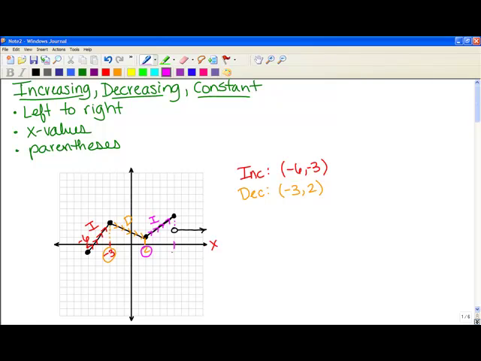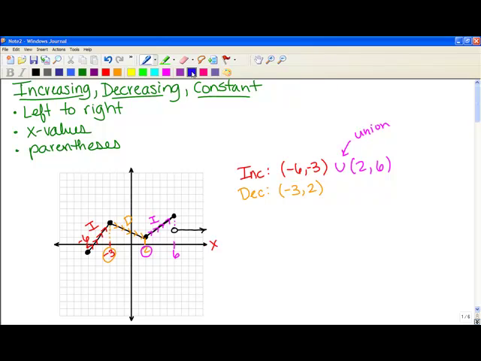That would be over here at 6. So we would write increasing from 2 over to 6. So when I add it on here to the answer, I'm going to put a special symbol called a union. It basically means and. It's increasing in 2 different spots.